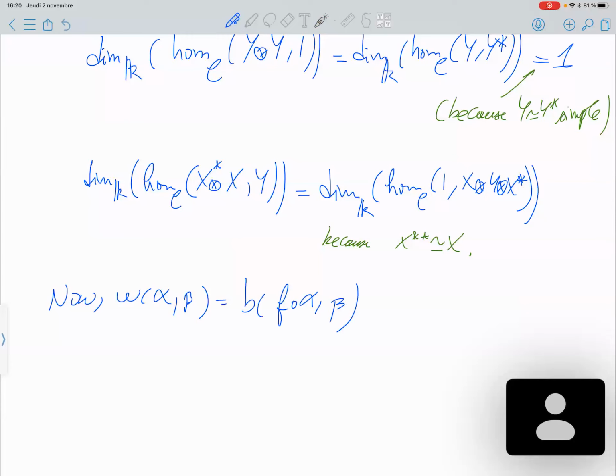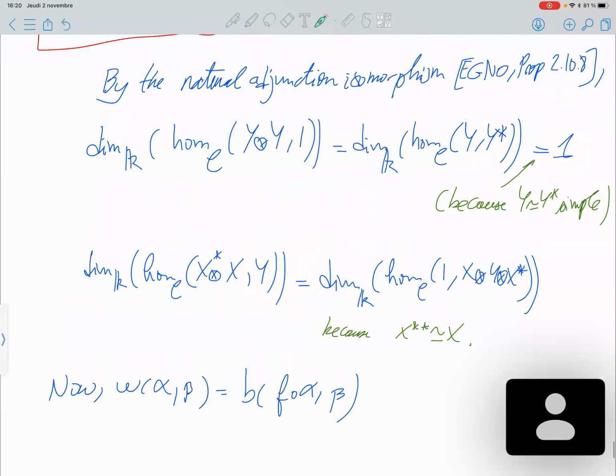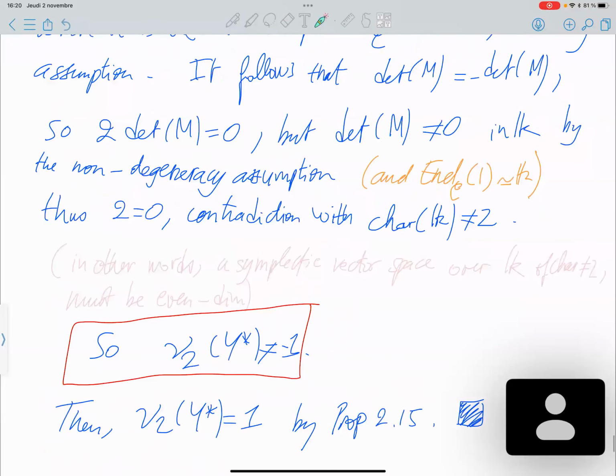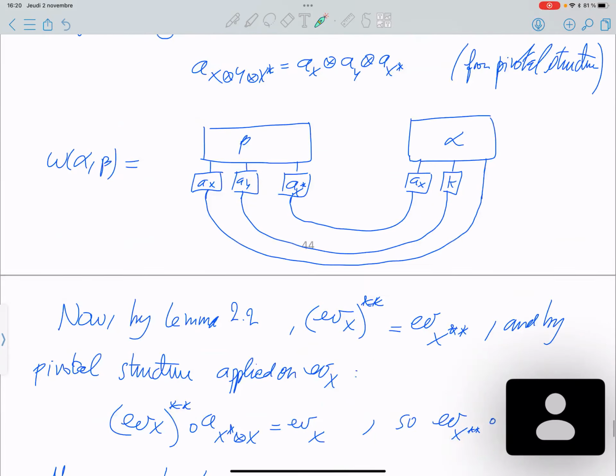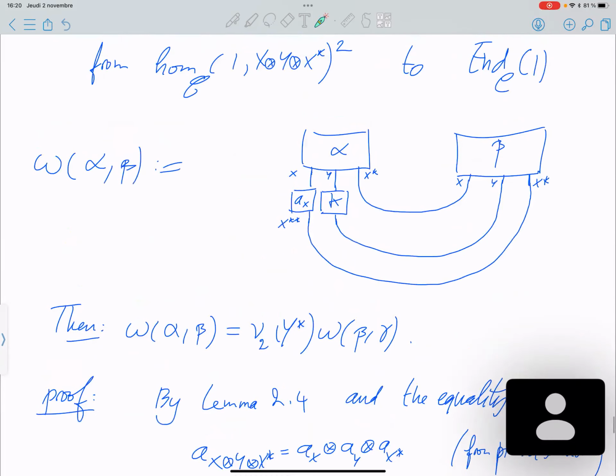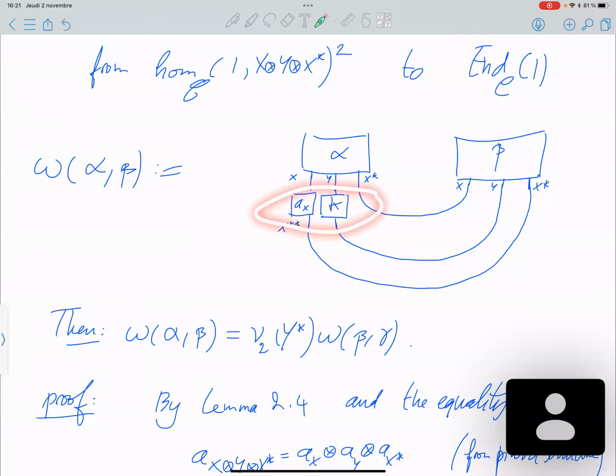Remember, it was just a kind of straightforward bilinear form. You have something like that. That's all. So the omega is really something trivial like that, but we need to compose with something here.